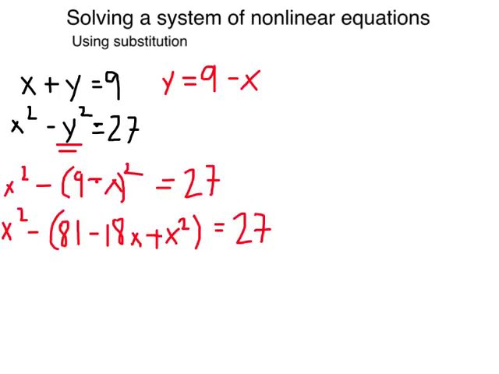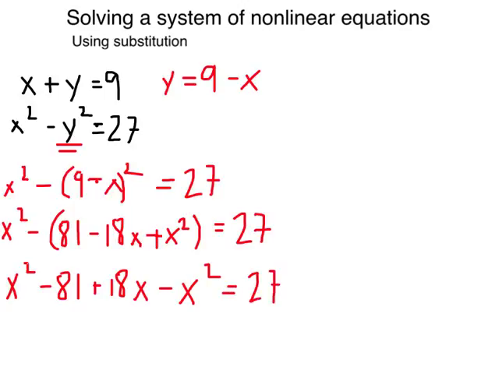If we go and solve that, we end up with x squared minus 81 plus 18x, nope, that's not right, hold on, undo that, minus x squared equals 27.